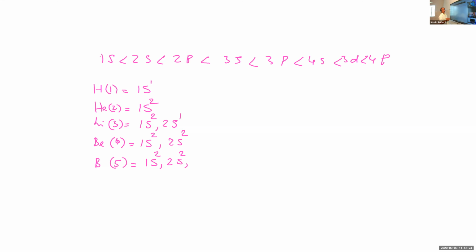There is 1 more electron, and it goes to the next higher energy level, that is the 2p level. So in the 2p level, there is 1 electron, and that is the electronic configuration of boron. So the electrons are added in the increasing order of the energies of the orbitals.